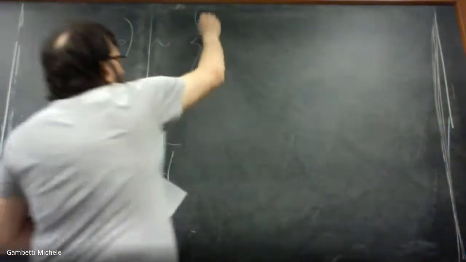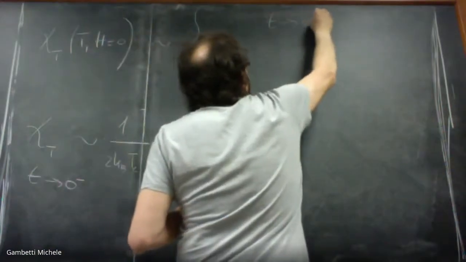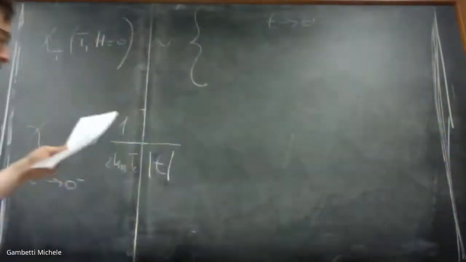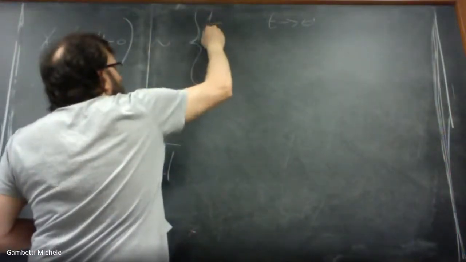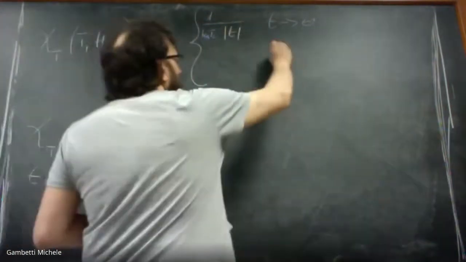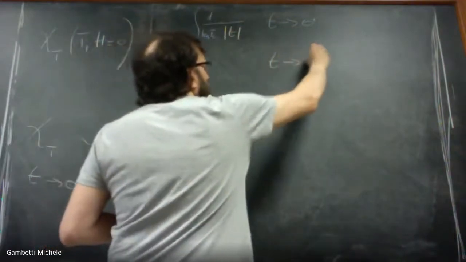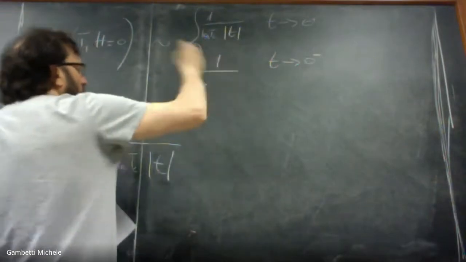For t approaching 0 from above, we have 1 divided by kb tc modulus of t, whereas for t approaching 0 from below, it's just the same apart from a factor of 2.